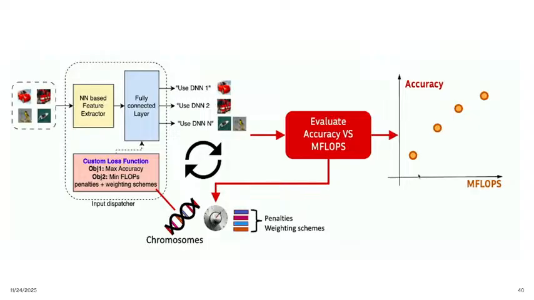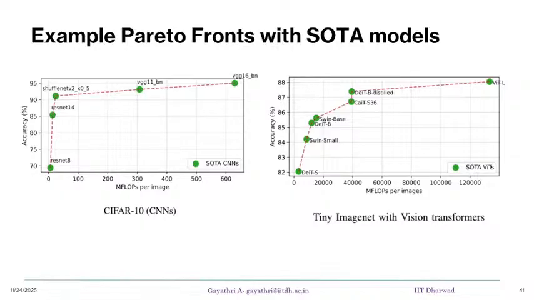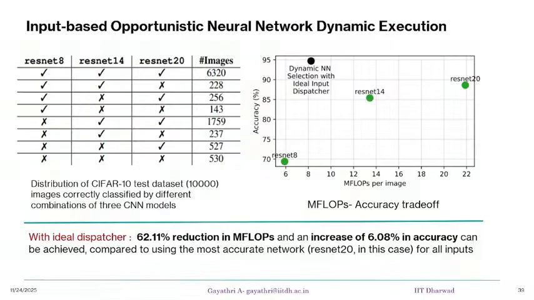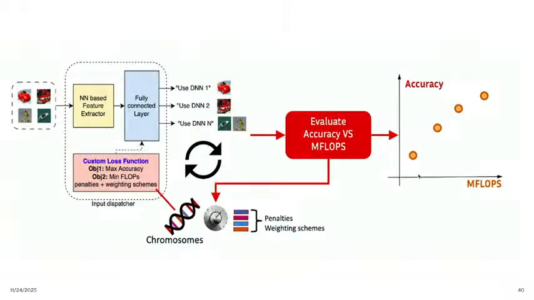In our case, we are designing this dispatcher, because the dispatcher should know, based on the input features, which is the ideal model it should dispatch to. For that, we have defined a custom loss function that has two things. One is the accuracy maximization objective, another one is the minimization of the compute flops.